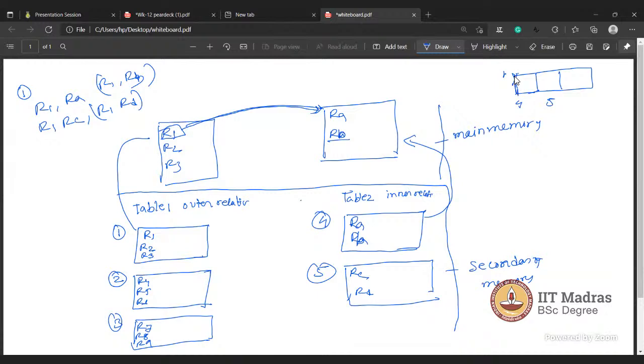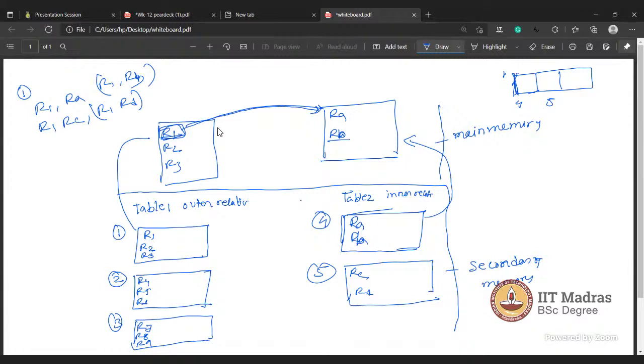Suppose this is the read-write head position. We just have to rotate the disk. You don't have to move the read-write head, so we can access R1 with the help of 1 seek. This 1 seek is required.